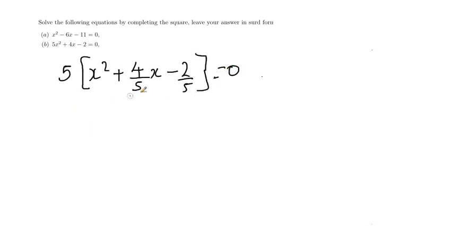The next thing is we identify the coefficient of the middle term, and then we multiply it by half. So 4 over 5 multiplied by 1 over 2 will give us 4 over 10, which is the same as 2 over 5. So this we need to square it, add it to the equation, then subtract it from the equation.